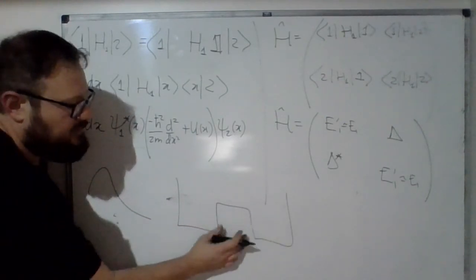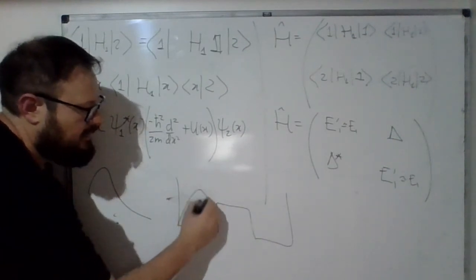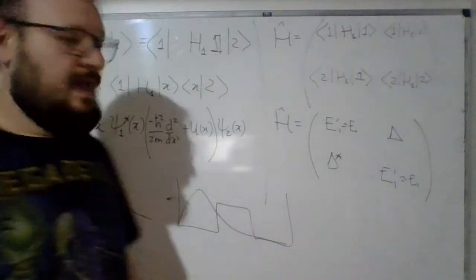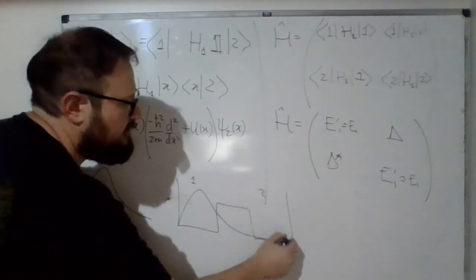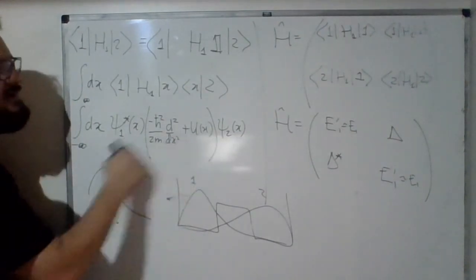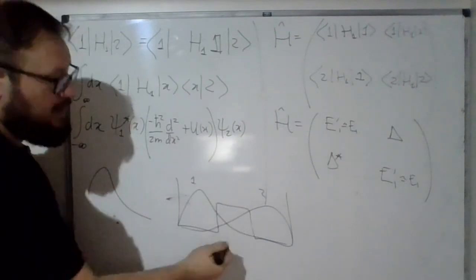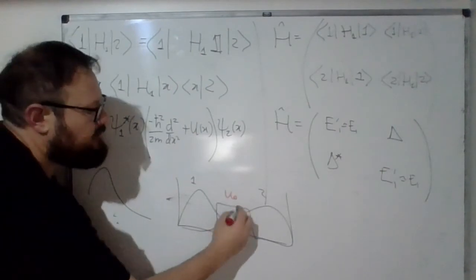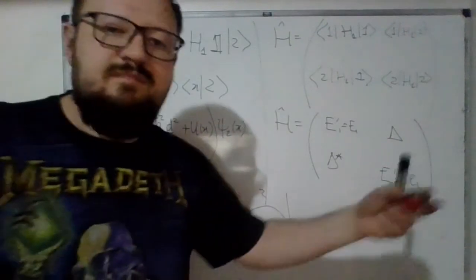Because too far from box number 1, the psi1 function is already 0. All right? And too far from box number 2, the wave function on box 2 will be nearly 0. So the products here, you need to consider the operator, but in this region where the potential is the barrier potential, the overlap is maximized.